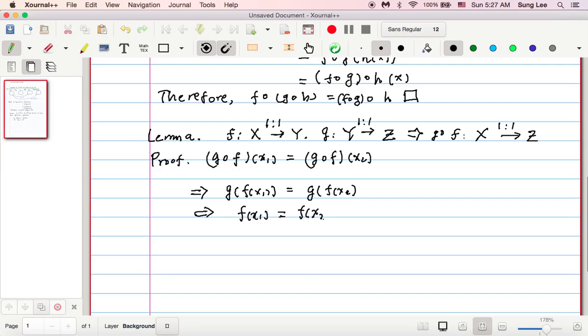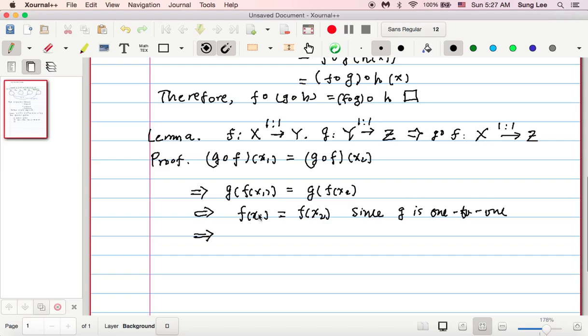Because of the condition, since g is one-to-one. Now you know where the rest of the story goes.